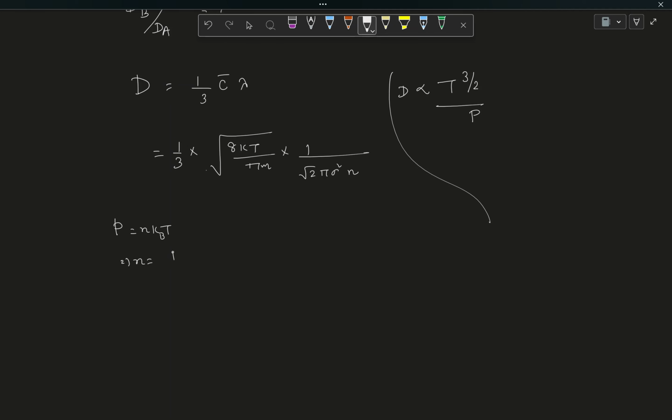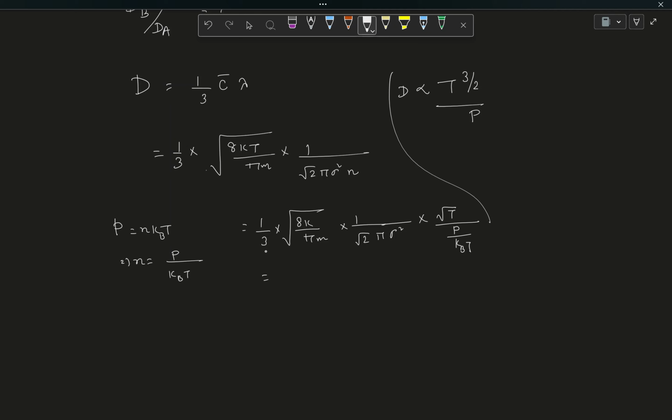So N equal to P by kBT. Then this is just 1/3 into, taking out the constant parts, root over 8k by pi m into 1 by root over 2 into pi into sigma squared, and then it is root over of T divided by n, which is given by P by kBT.